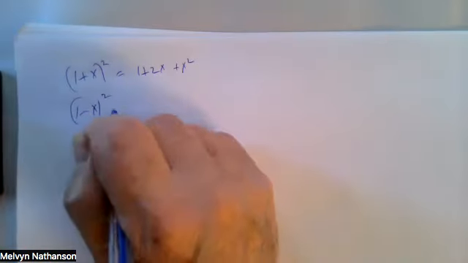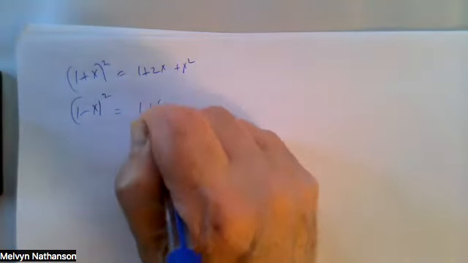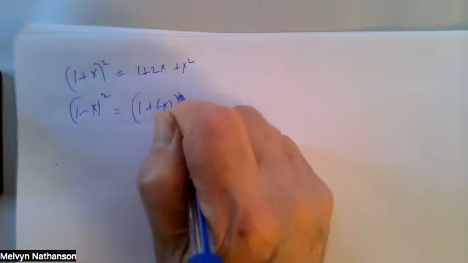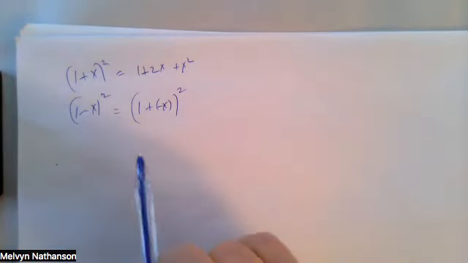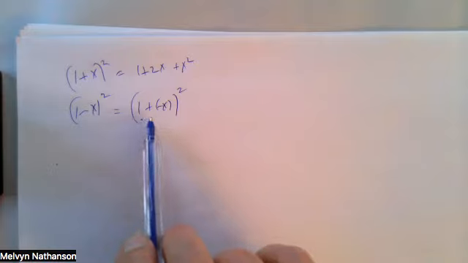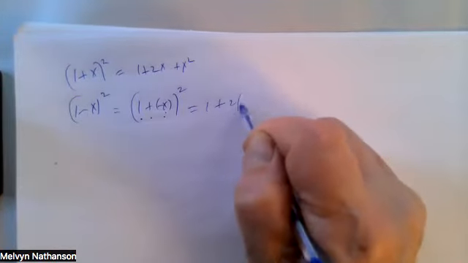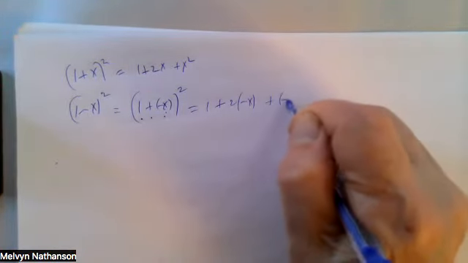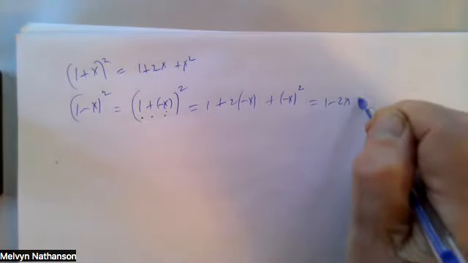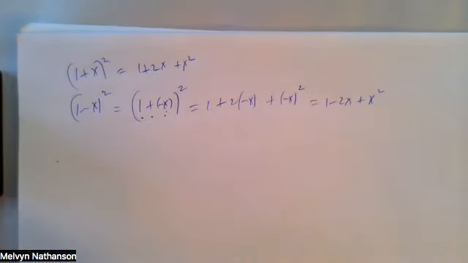So you can think of 1 minus x as being 1 plus minus x squared. So this is still the form 1 plus something, but the something is minus x. So this would be 1 plus 2 times minus x plus minus x squared, which is 1 minus 2x plus x squared.